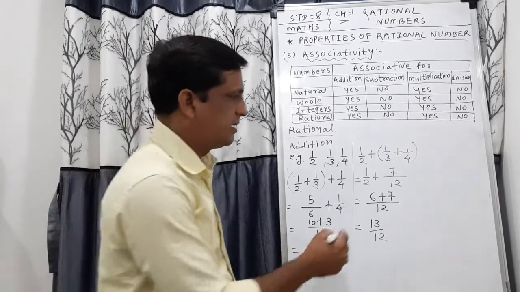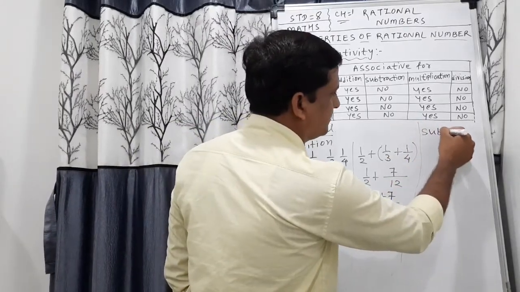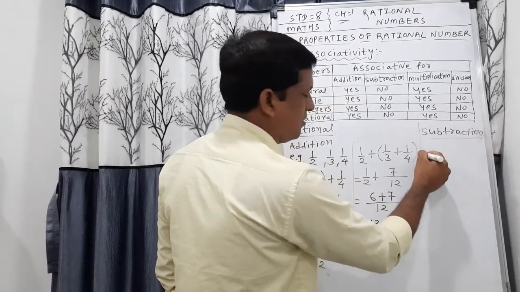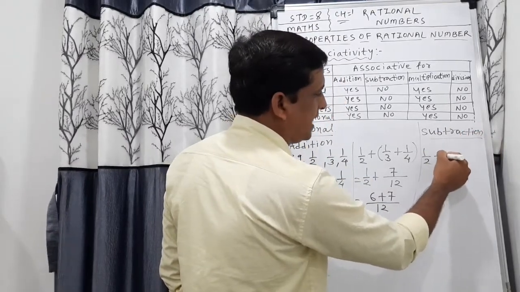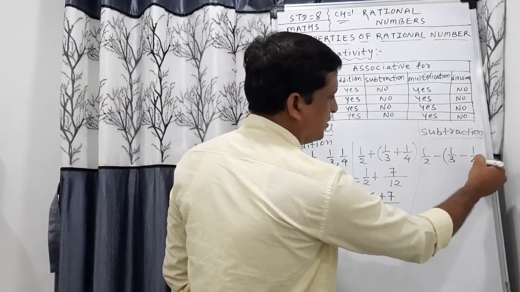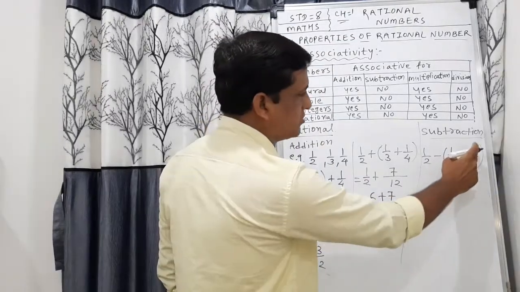Now we are talking about subtraction, right? So for subtraction, first of all 1 by 2 remains as it is, and I am taking group of 1 by 3 and 1 by 4. So 1 by 2 minus bracket 1 by 3 minus 1 by 4.